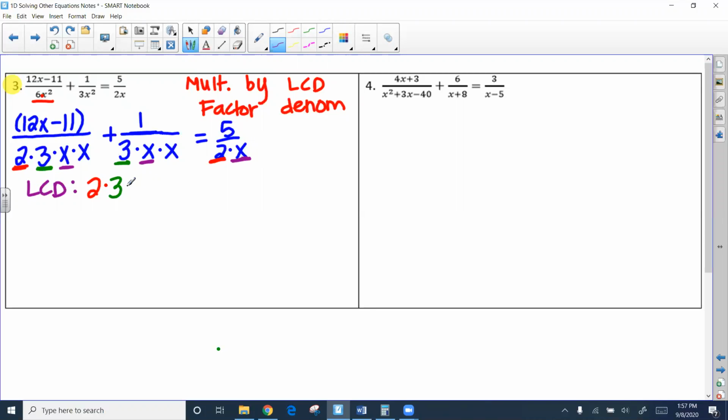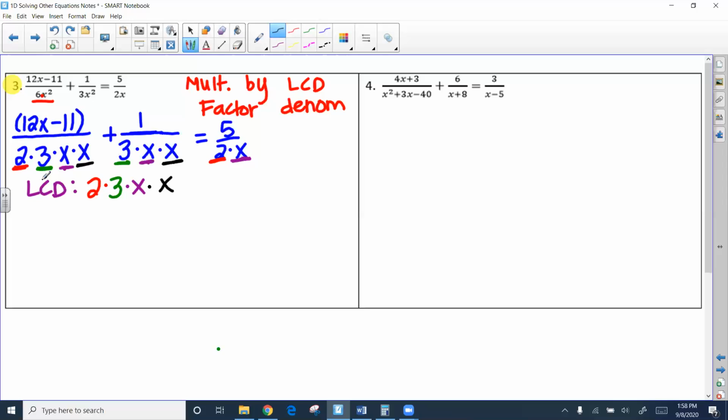Okay. So this x, notice this is the one underlined in purple. I'm including the common x from those 3 x's. Now notice this one has another x, and this second fraction also has another x. So I have to include the x from that x that's in common.